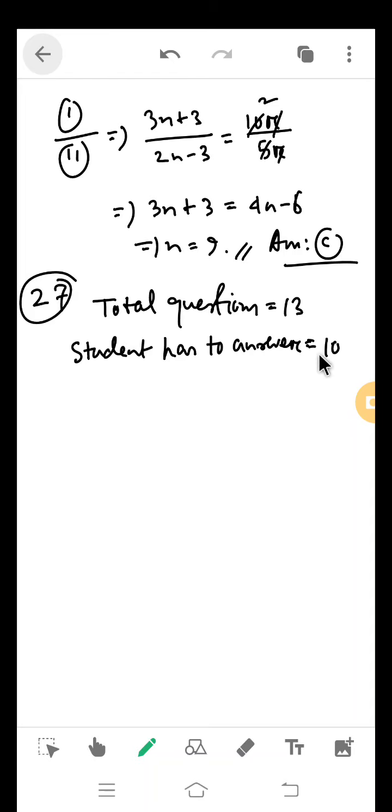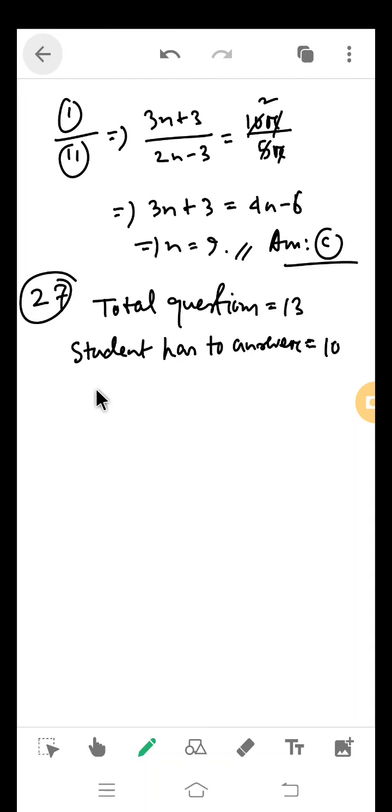And so that the condition is given that he must select 4 questions from the first 5 questions. टोटल 10 अटेम्प्ट करना है, तो इसमें 2 पार्ट है. फर्स्ट 5 क्वेश्चन से 4 क्वेश्चन करना है, उसके बाद टोटल 10 क्वेश्चन करना है.